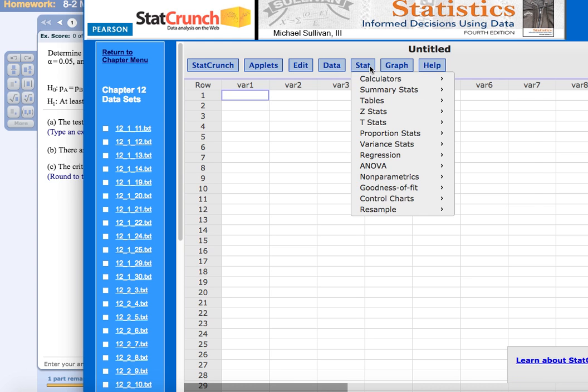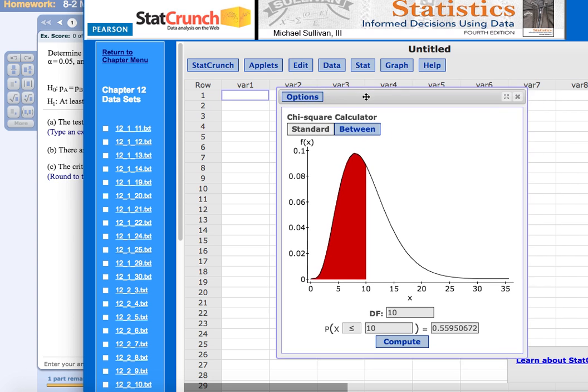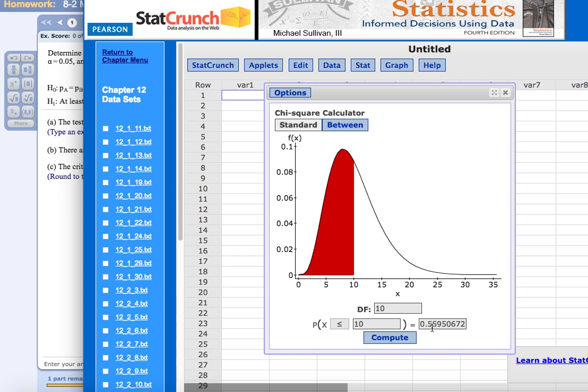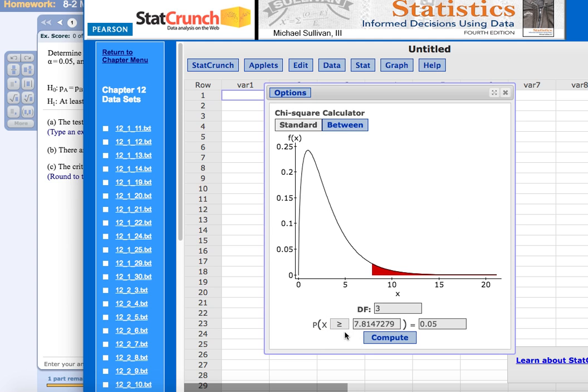So we'll go into Stat, Calculators, and then we go into chi-square. And then here, we're going to put the area under the curve is going to be 0.05. And then we know the degrees of freedom is 3, and it's going to be to the right.